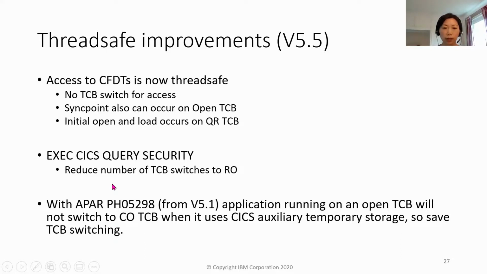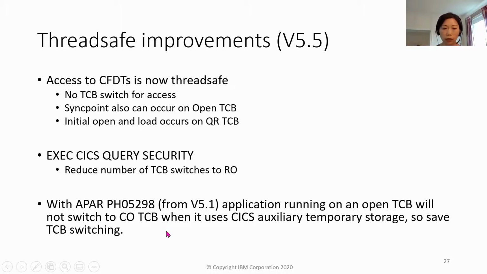Also, we made EXEC CICS QUERY SECURITY improve the number of TCB switches to the resource-owning TCB. So if the application is already running on the OpenTCB, this command will stay running on the OpenTCB without switching to the ROTCB.